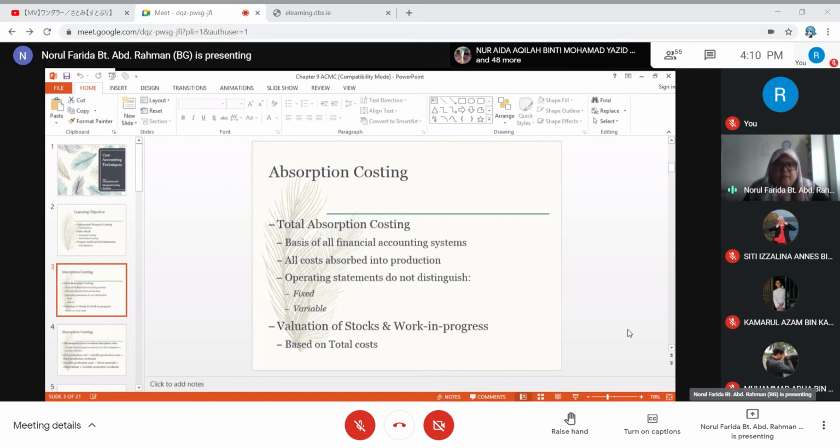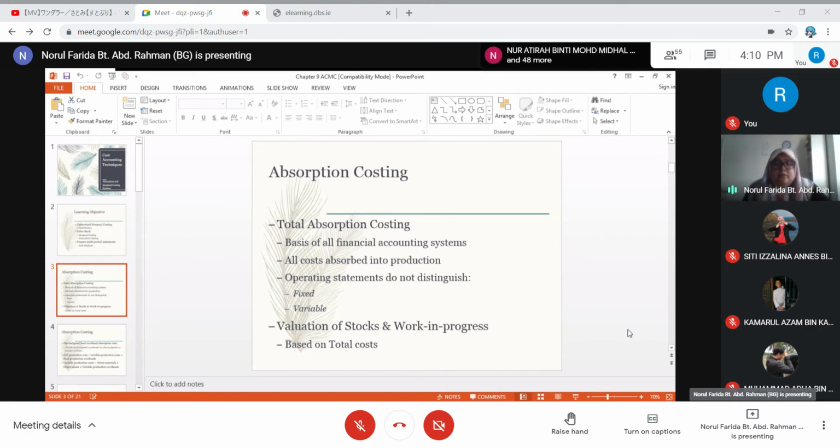Direct material and direct labor are of course your variable cost, right? And then you include your variable production overhead or variable manufacturing overhead, and then you will absorb your fixed production overhead. Okay, the budgeted fixed overhead absorption rate is calculated by dividing the budgeted overhead by the budgeted or normal activity. This is to get the production overhead per unit.